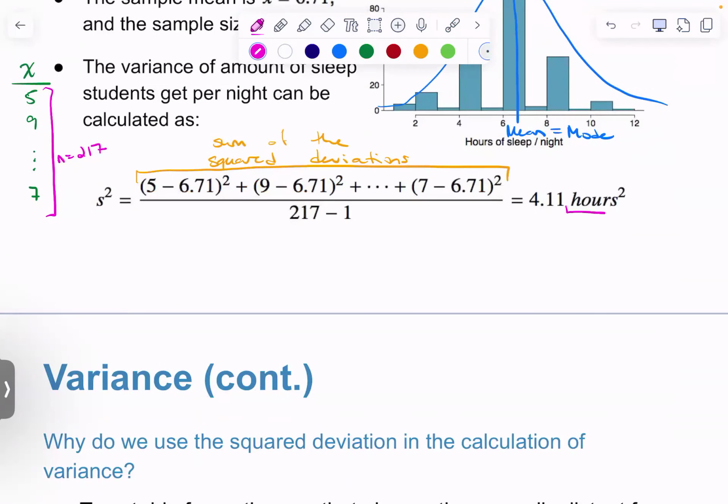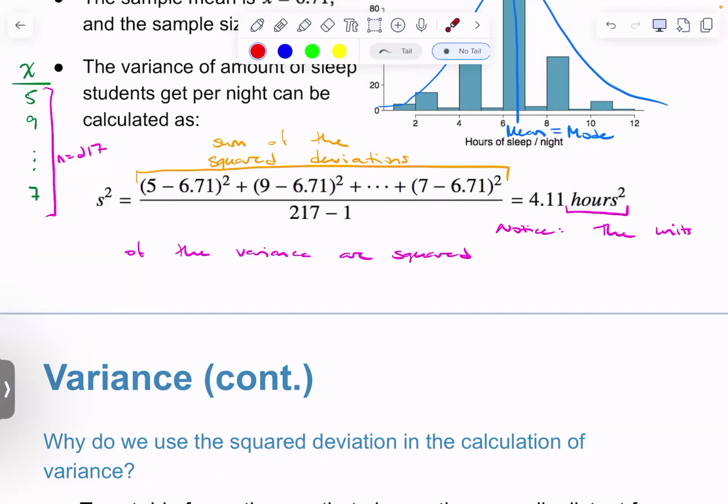Notice the units of the variance are squared, which is the reason we use the standard deviation in our calculations in this course. Because if we take the square root of s squared, I get s, but I also take the square root of 4.11 and the hours squared. So then I'm back down to hours.